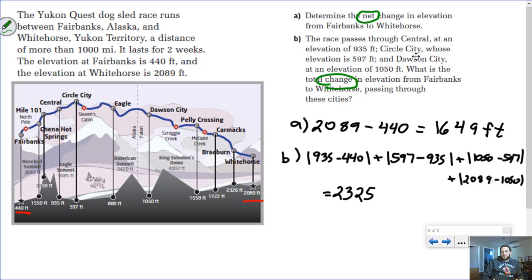And then from Circle City to Dawson City, and then finally from Dawson City to Whitehorse. And what happens is if we look at the 4 calculations here and we add them up, we end up with a total change, not a net change, but a total change of 2,325 feet.